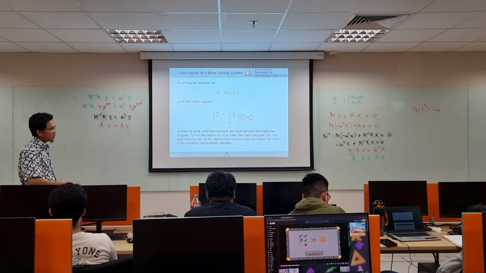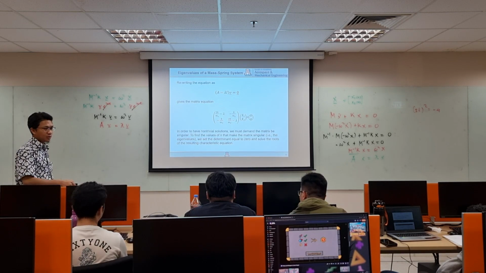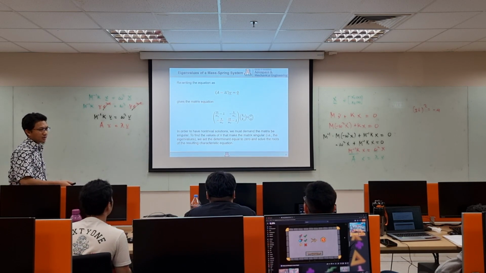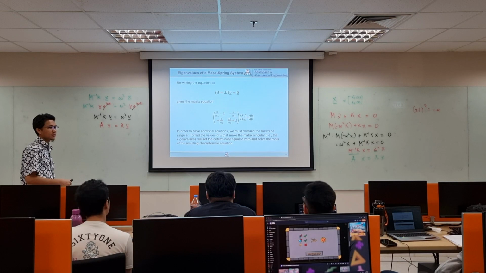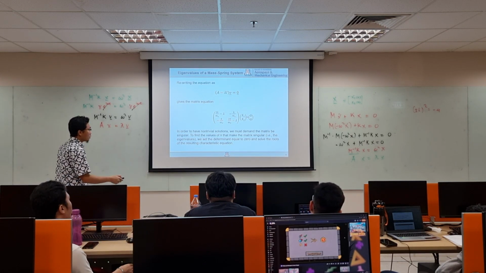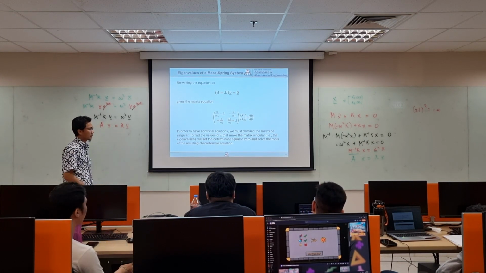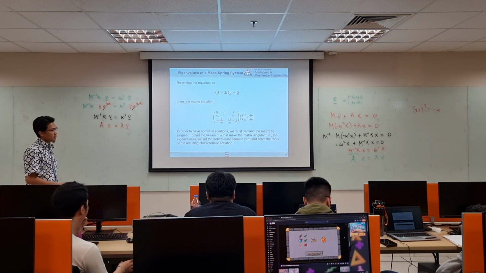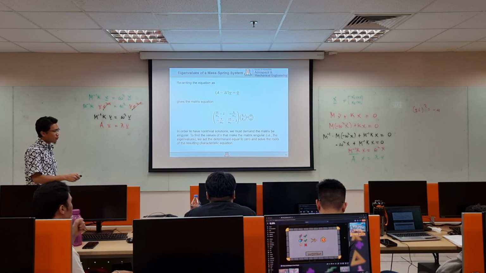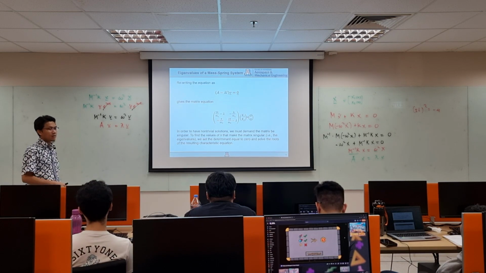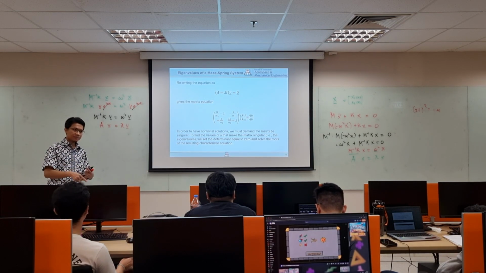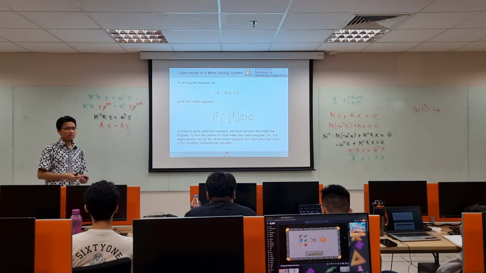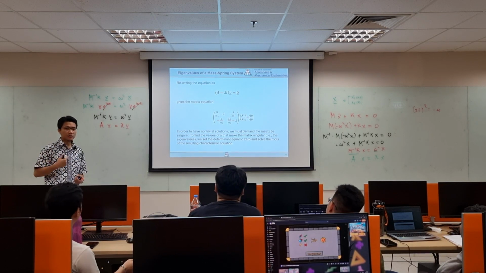So the trivial solution to this is that x1, x2 are 0, but that's trivial and that's not useful. We have to find a non-zero solution to the x. So once we are reaching this, then we are actually repeating the process of finding eigenvalue and eigenvector of the matrices that we discussed last week.